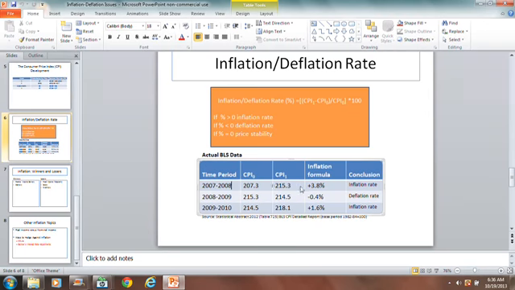And it turns out that the CPI for 2008 was 215.3 basis points. And so for 2008, its CPI would be CPI 1. For 2007, its CPI was 207.3 basis points, and so its CPI I would designate as CPI 0.